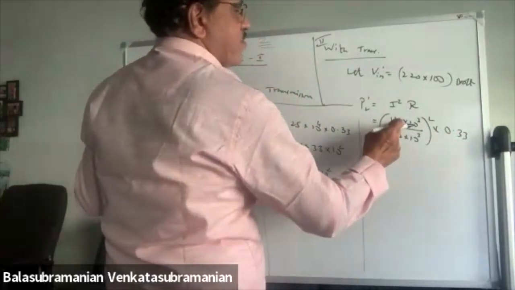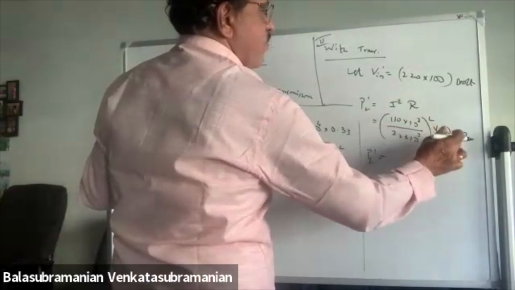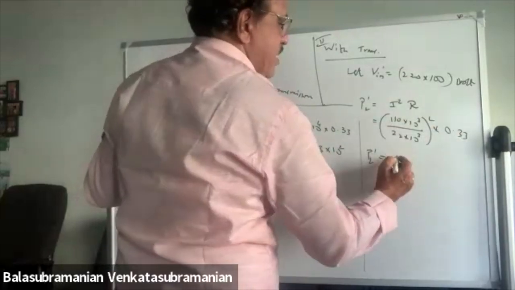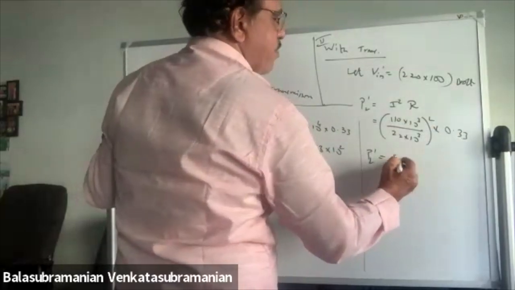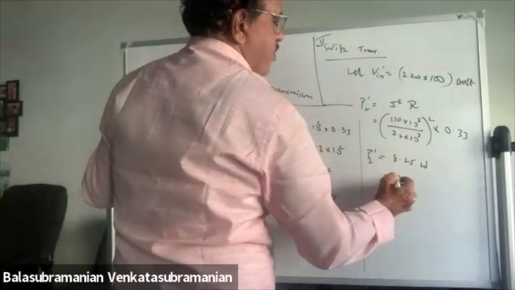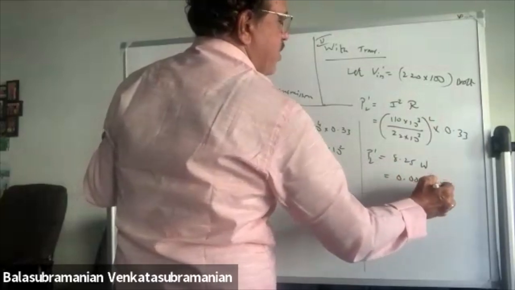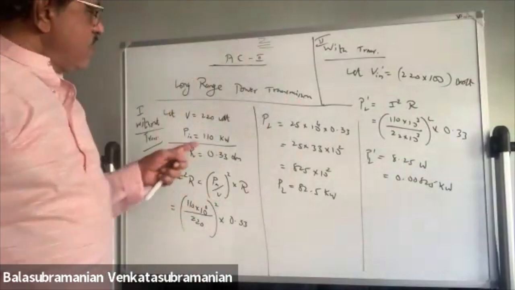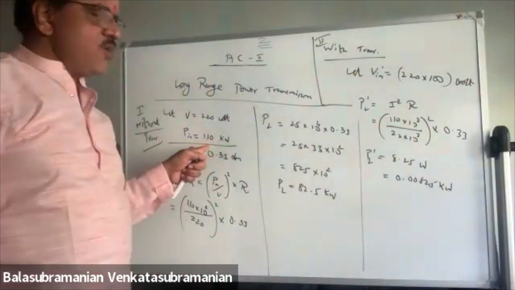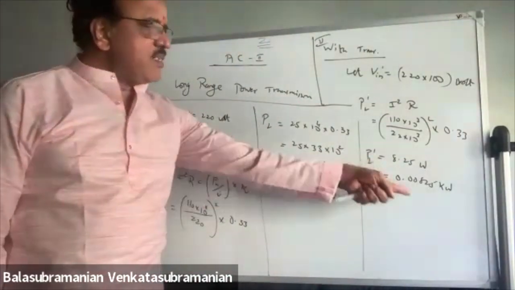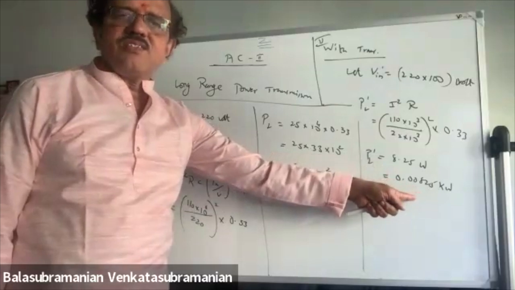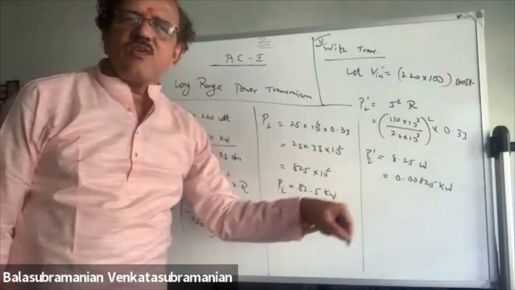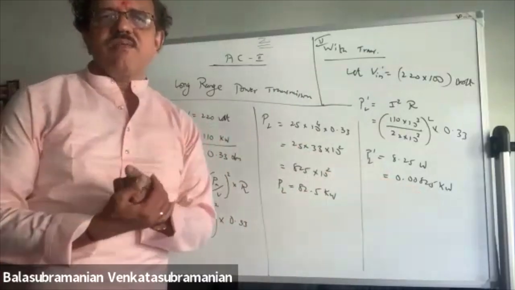This is 5 square, 25, 25 into 0.33, which is 8.25 watts, or 0.00825 kilowatts. So 110 kilowatts is transmitted, but the power loss is 0.008, very minimal.